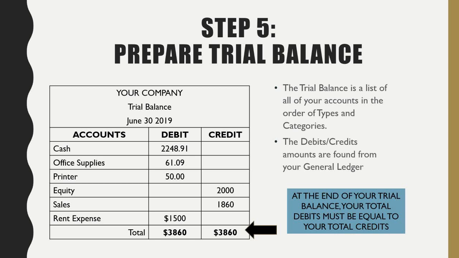So we still have to do the 29th and the 30th of June. This is the trial balance that happens at the end of a given period, so at the end of the month is when we're going to complete our trial balance.